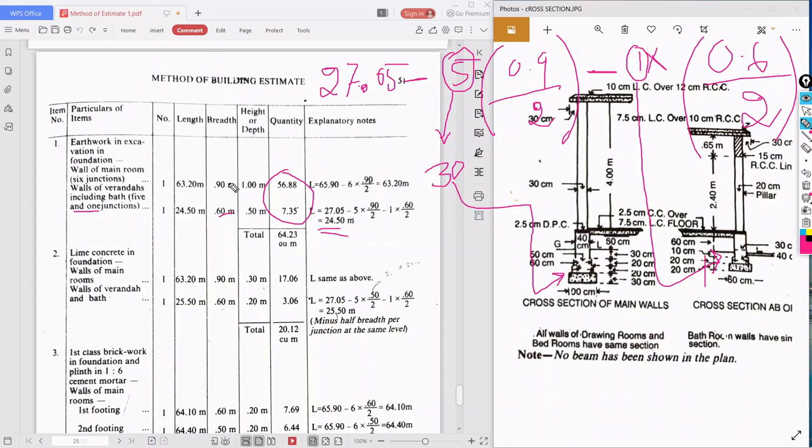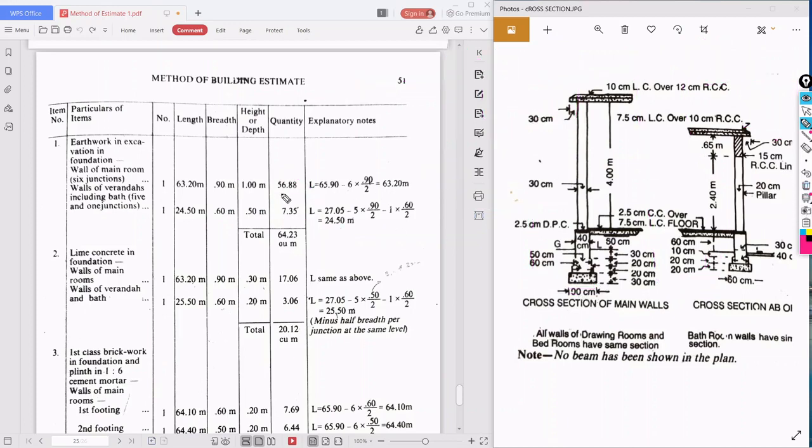With that junctions, multiply the unit of work, that too half of the unit of work. If it is earthwork, then we have taken 0.9. If it is lime concrete, whatever the width of the lime concrete will be there, lime concrete will be same, that is also 0.9 only. Okay, that we need to take. Okay, so this is for the earthwork.